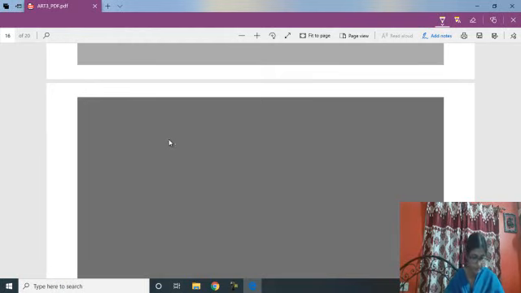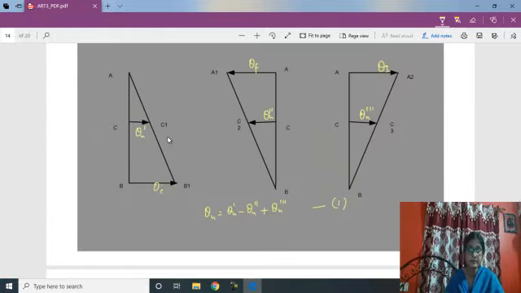Now from this figure, from the principle of geometry, this C1 by B1 is equal to AC by AB.